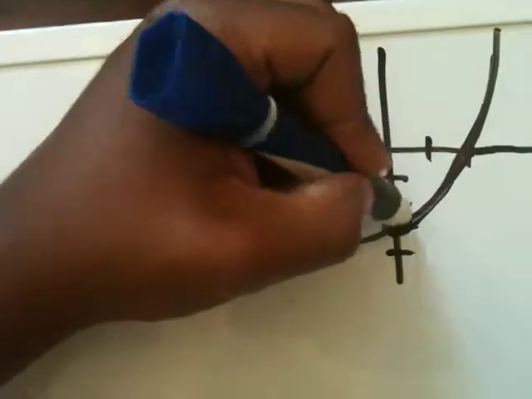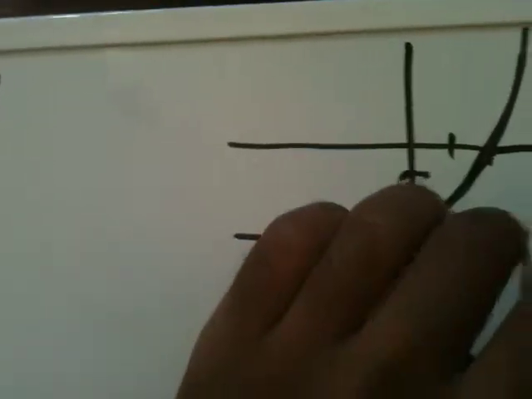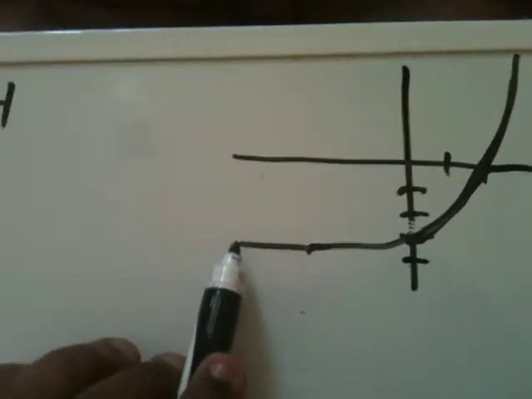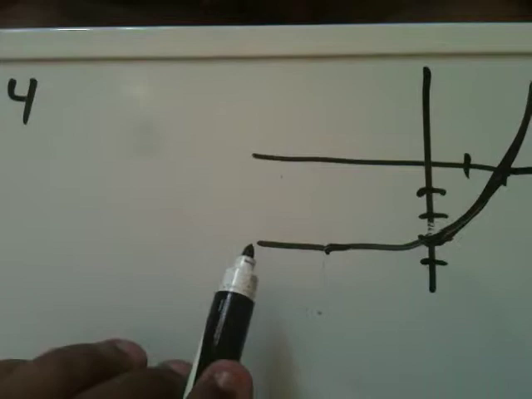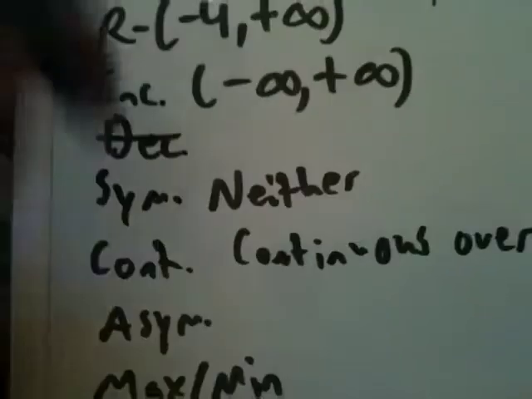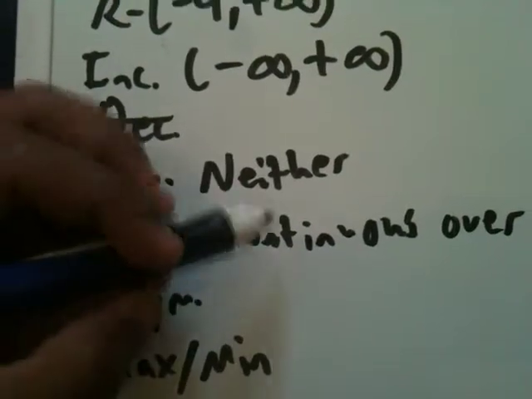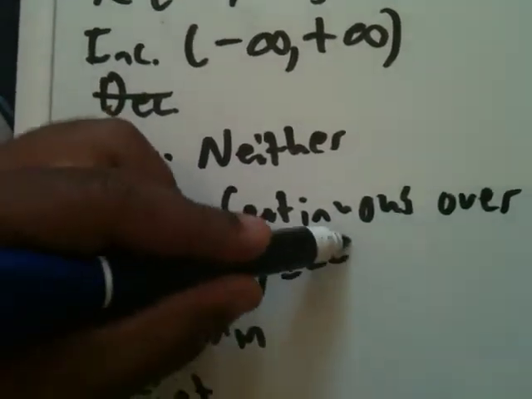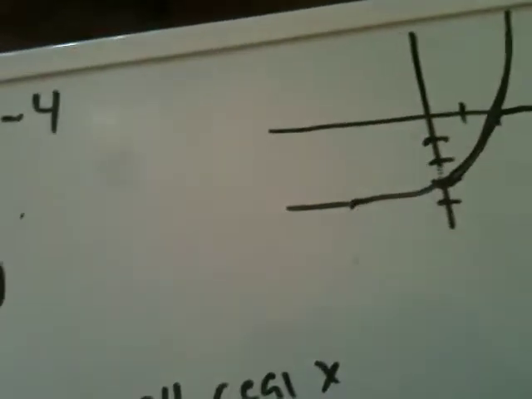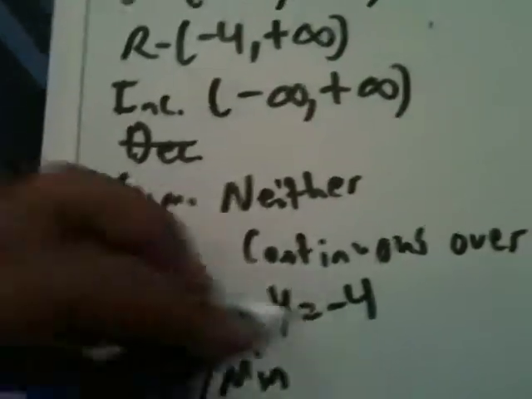As you can see, if you go from right to left, you slide down, and then it gets very, very close to a straight line, and it approaches this value, negative 4. So the asymptote is the line y equals negative 4. This function doesn't have any extreme values at all, so we say none.